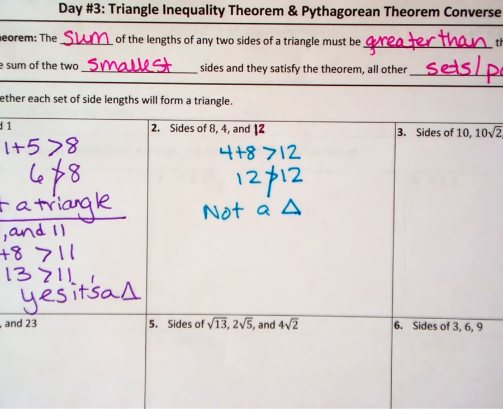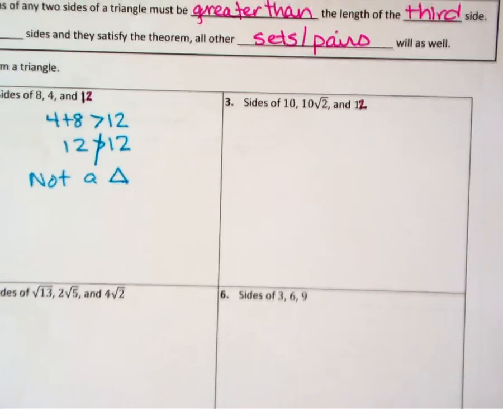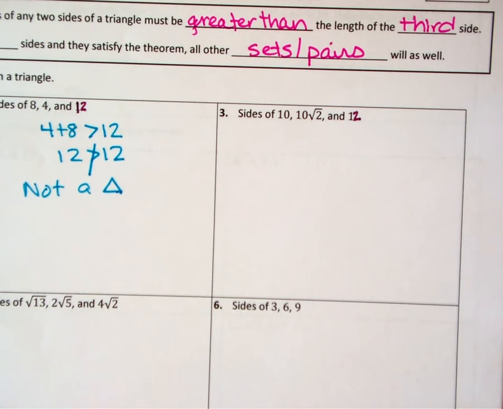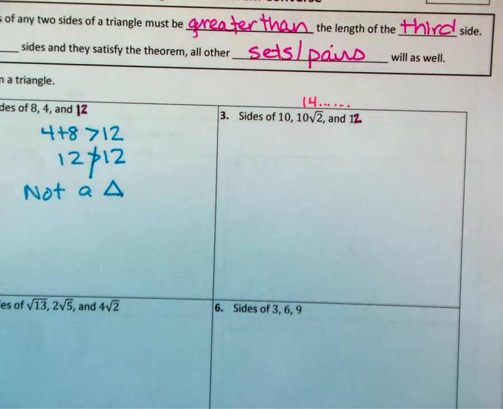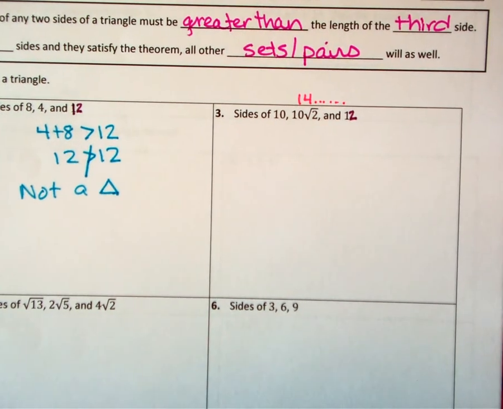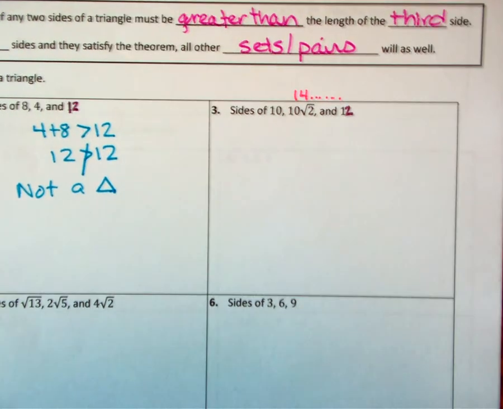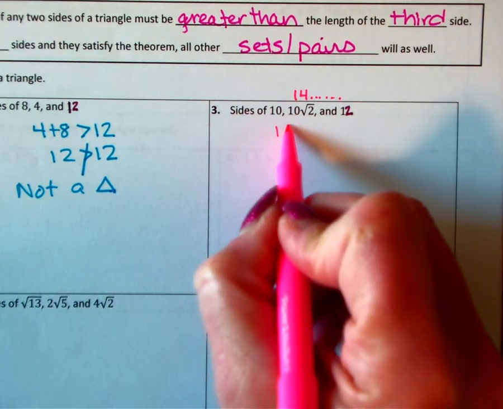Okay. Next one. Alright, this is where you might check, what is 10 square root of 2? So if I throw it in my calculator, 10 times the square root of 2, I get that it's 14 point something. So I'm just going to make a little note here. 14 point, and I put dot, dot, dot because it's point something, right? So my smallest two sides here are actually 10 and 12.